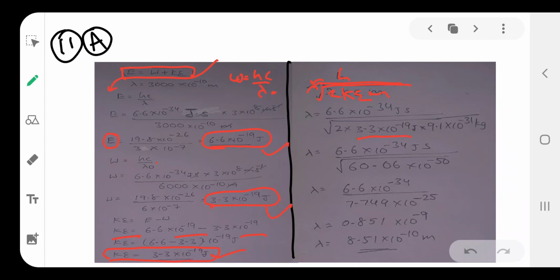Then the next one is the m value. m means electron mass, 9.1 into 10 power minus 31 kilograms.